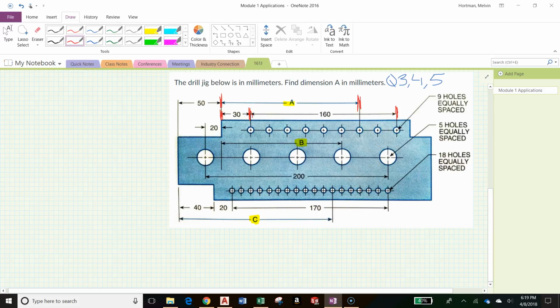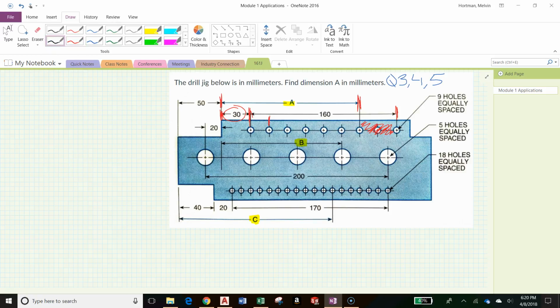So what we can do is find out the spacing between each hole, and then subtract two of the spacings, and then add our 30 right here. So let's go through that.